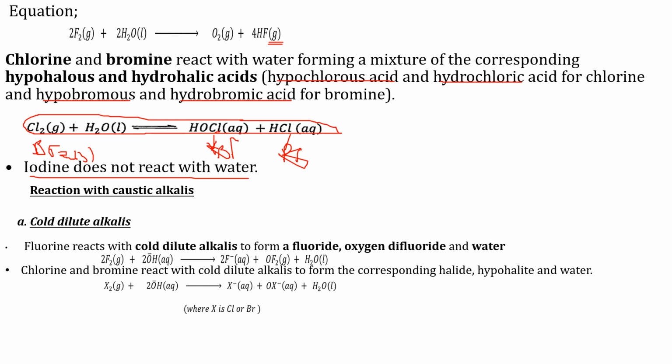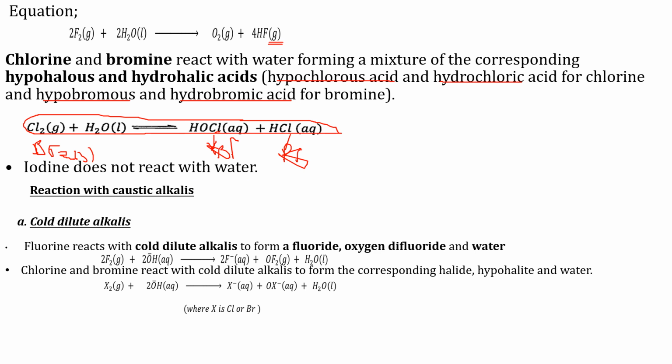That means they can easily be overcome at room temperature, so it exists as a gas. But iodine, having the largest atomic radius, also has the largest molecular size. That means the van der Waals forces of attraction in iodine are the strongest, and they cannot easily be overcome or broken at room temperature. That means it will continue existing as a solid.